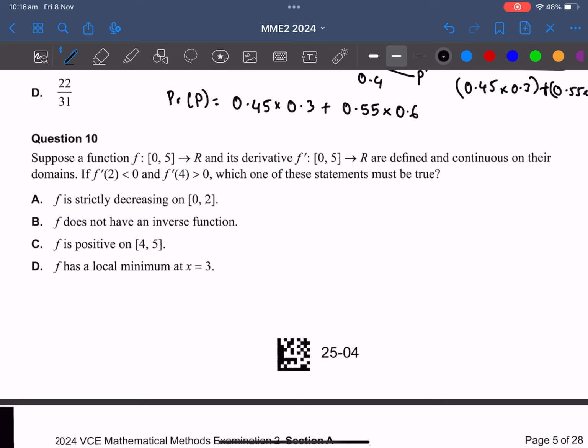Okay, so I can clearly remove option C, and can also remove option D because a local minimum can occur between 2 and 4 exclusive. Like it could be at 2.5 and that would still be valid.